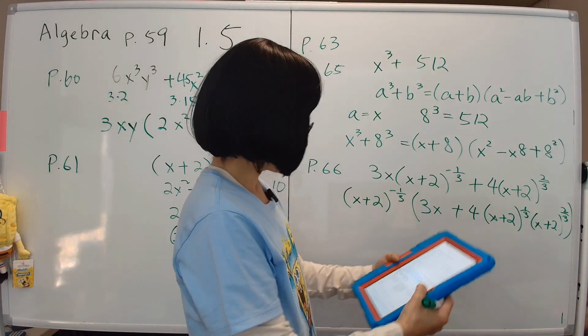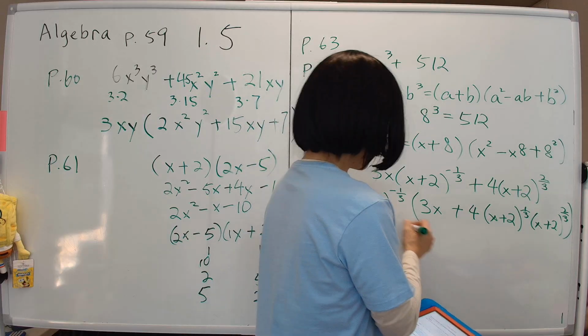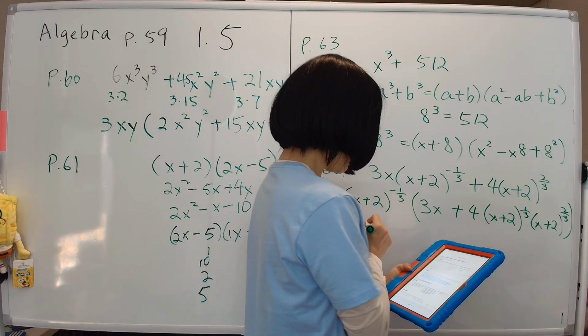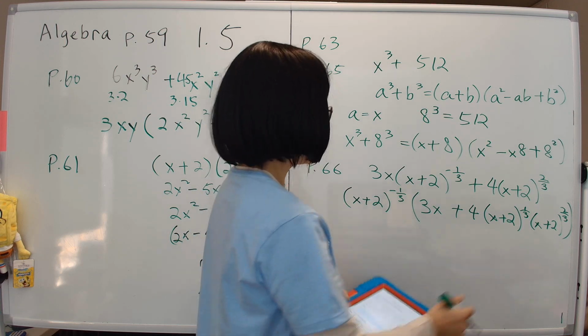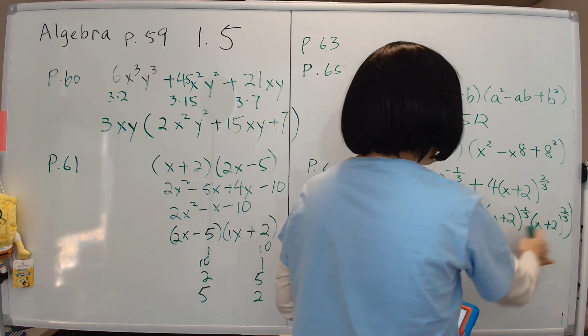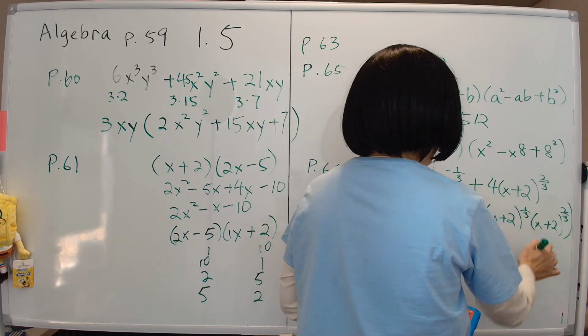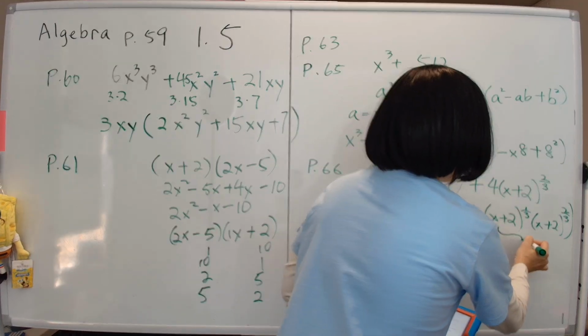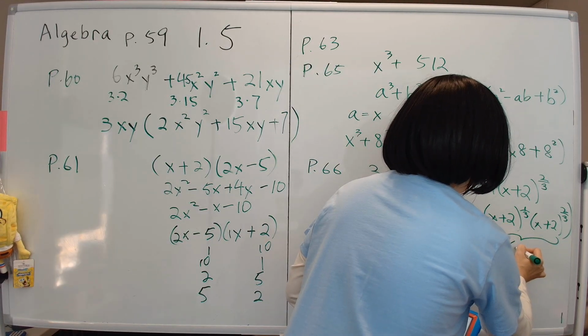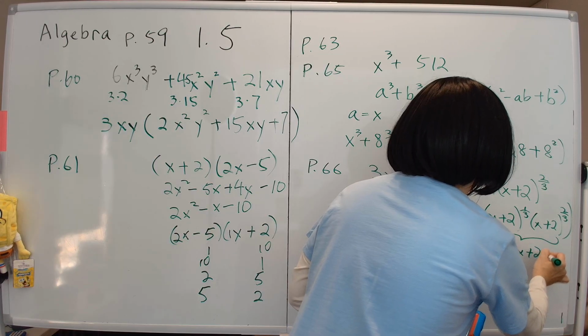So anyway, then we have 1/3 and 2/3, they're the same base, and if they're the same thing, then we are allowed to add the exponents, so it becomes x plus 2 to the power 1.